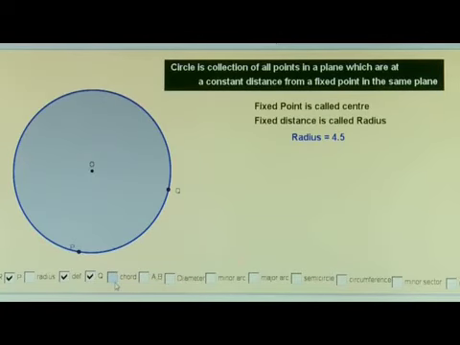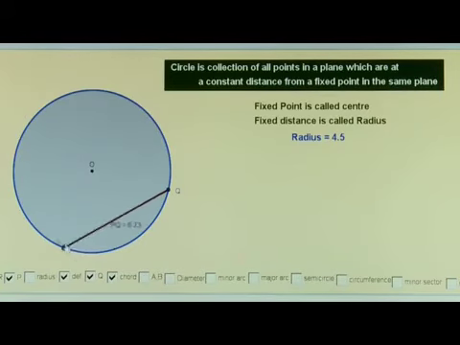Take 2 points P and Q on the circle. Draw a line segment joining these points P and Q. This line segment PQ is known as a chord of the circle.